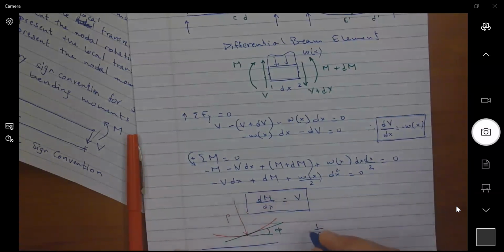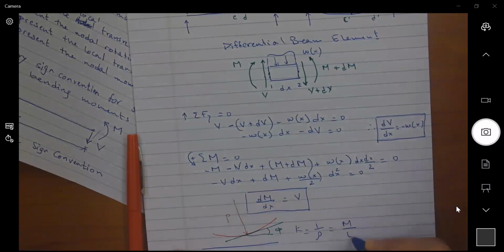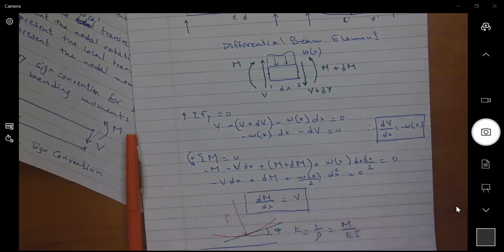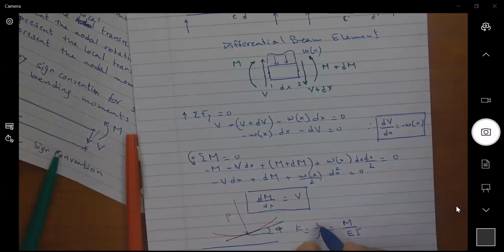So 1 over rho, if I call this k, is equal to M over EI. And of course, we proved that in solid mechanics. From the math, we also know that the curvature k is equal to d2 little v by dx squared.